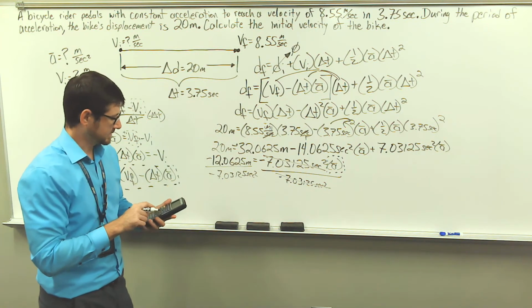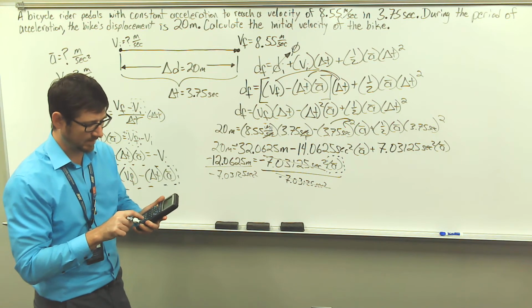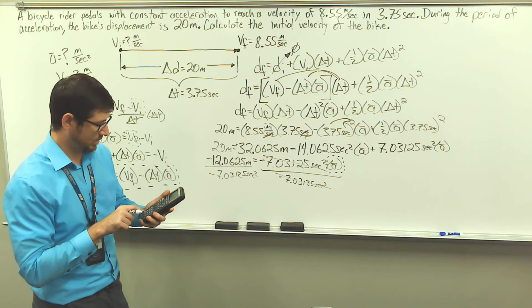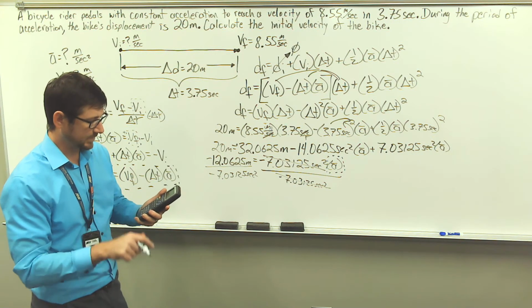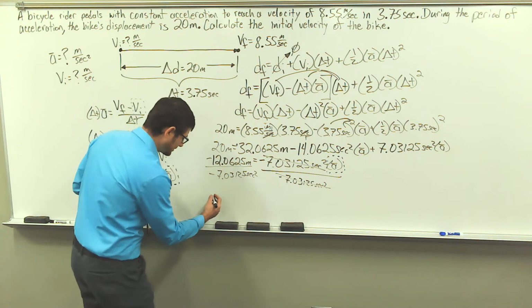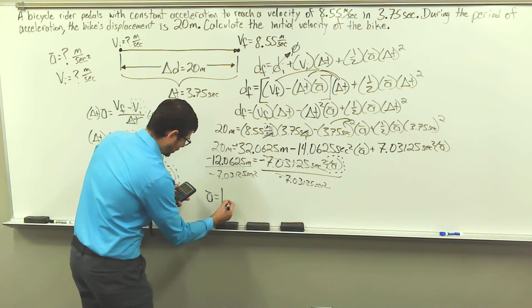Okay, so what I have here is 12.0625 divided by 7.03125, and I get 1.715. So our acceleration is equal to 1.715.